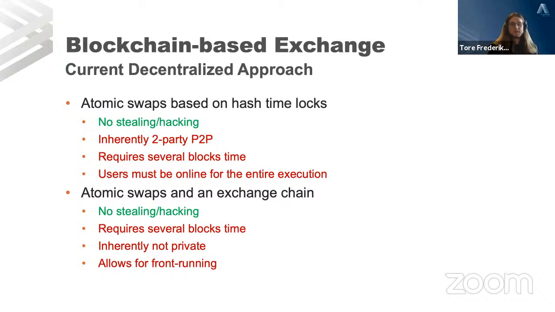Of course, this can also be approached in a more service-oriented way by using exchange chains, where you swap into tokens on an exchange chain, which then keeps tab on how many tokens you have on the original chain and allows some sort of internal exchange on this chain and cashing out, which again is nice in the sense that it prevents stealing and hacking, but still has quite a bit of latency, and is inherently not private.